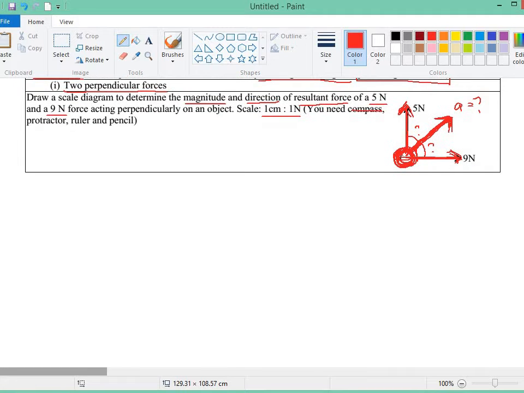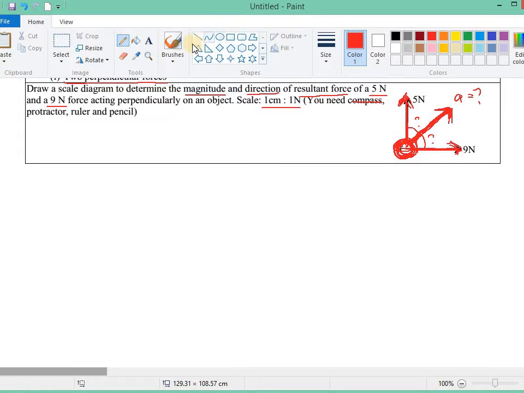So first we draw a rough working. This 9 Newton here, because it's 9 Newton, we need to draw 9 centimeters.